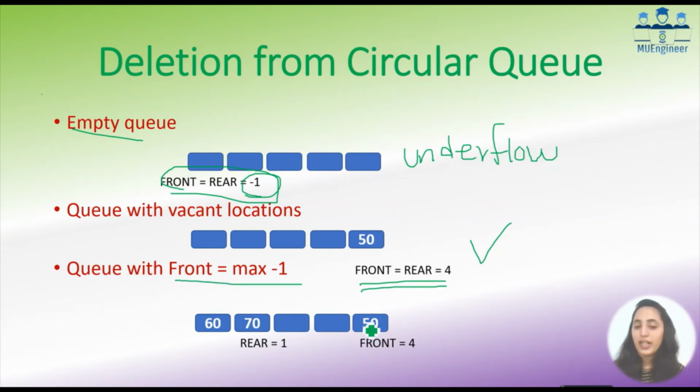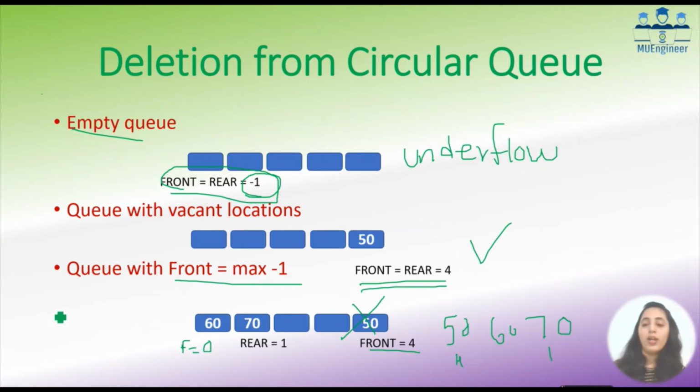If my front is equal to max -1, meaning the first one in the queue is 50, after that 60, and after that 70. But 50 is at which location? At the 4th location of the array, and 70 at the 1st location of the array. Still I have values in my queue, and I can delete a value. Which will be the first value to be deleted? Yes, of course, 50 will be deleted first, and front will now become 0, which will point to 60.